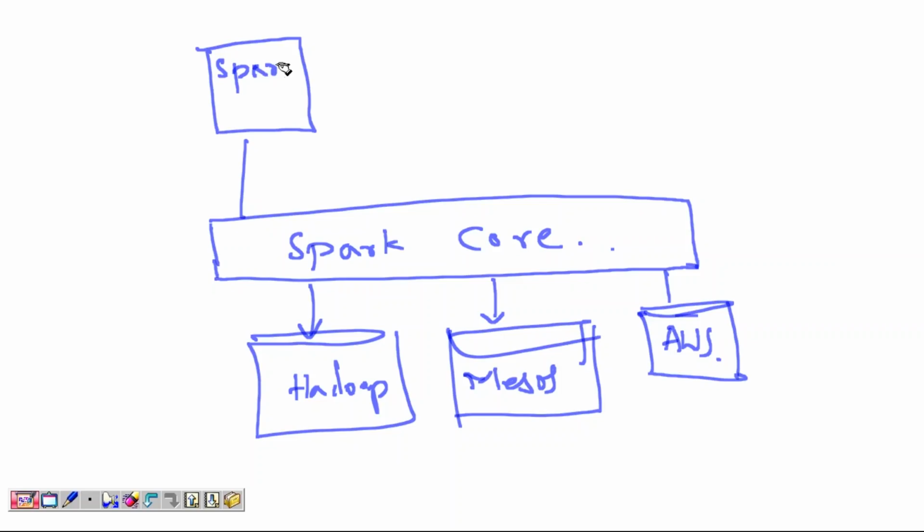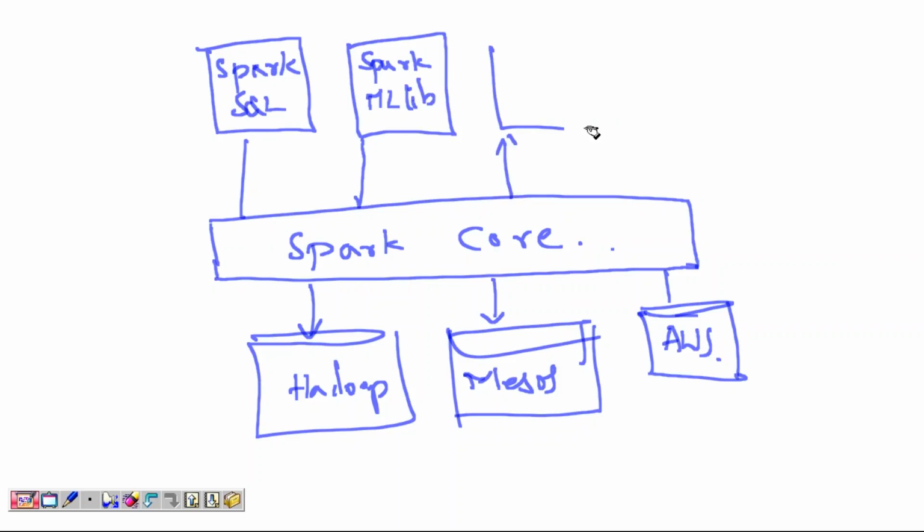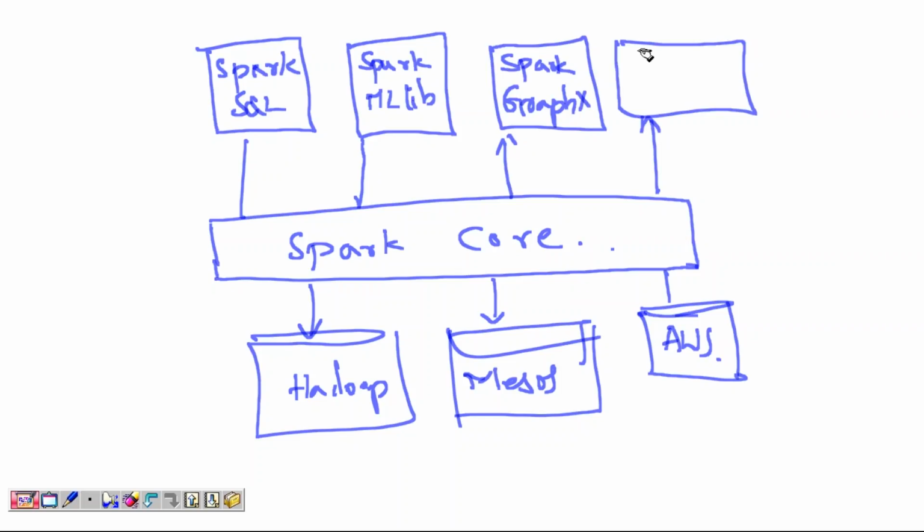One is Spark SQL. Second is Spark MLlib, which is machine learning. Then Spark GraphX, used for graph data processing. And the most important thing here, Spark Streaming.